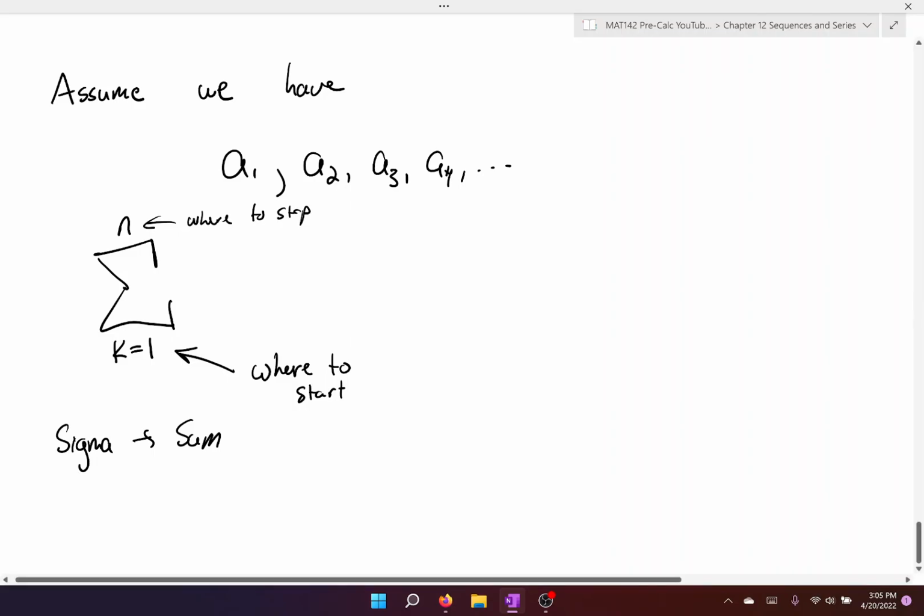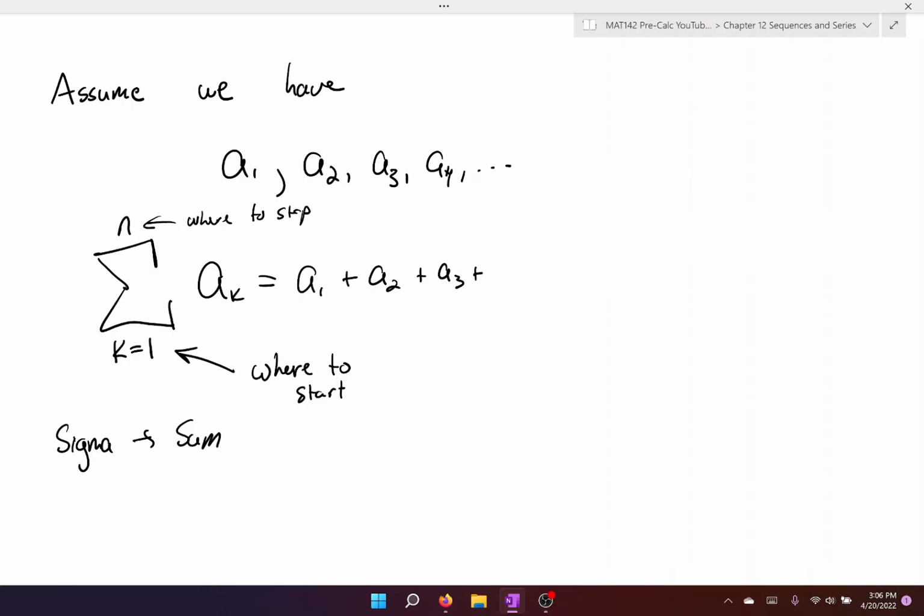And then we will have A sub k, which is going to equal A1 plus A2 plus A3, and you keep adding this up all the way until you get to A sub n. And this is what we call summation notation. The k is called the index, and the letter n just tells us where to stop.